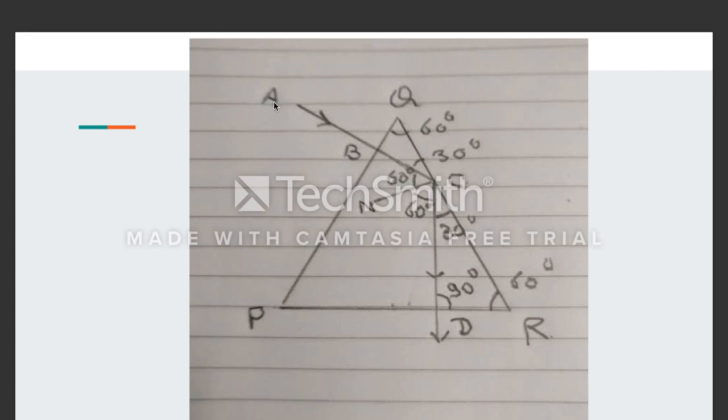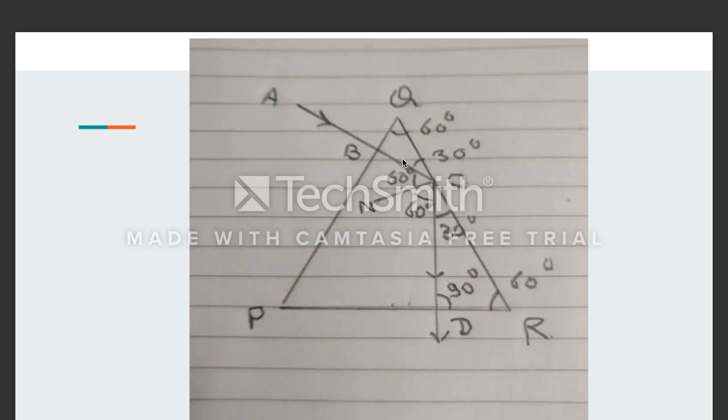So here, AB is the incident ray. This angle Q is 60 degrees. Since the light ray falls normally on the surface PQ, making a 90 degree angle, this angle also becomes 90, right? 90 plus 60 is 150.